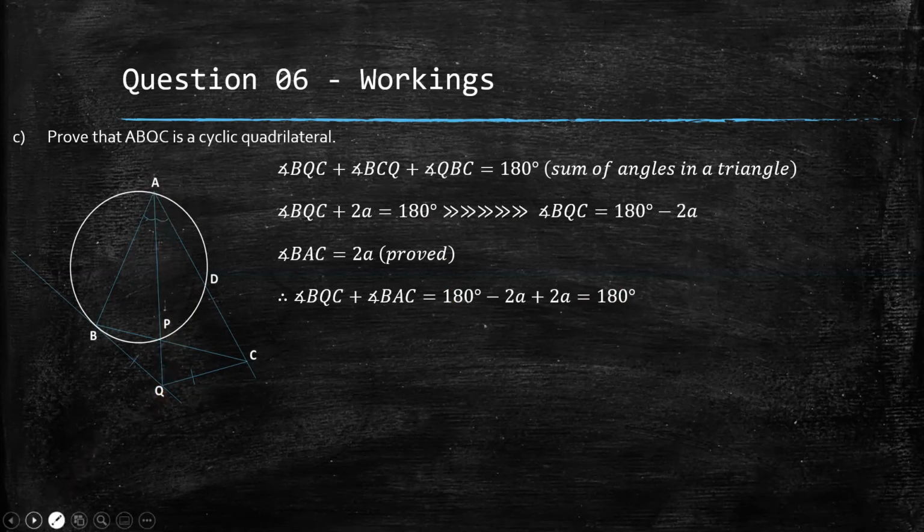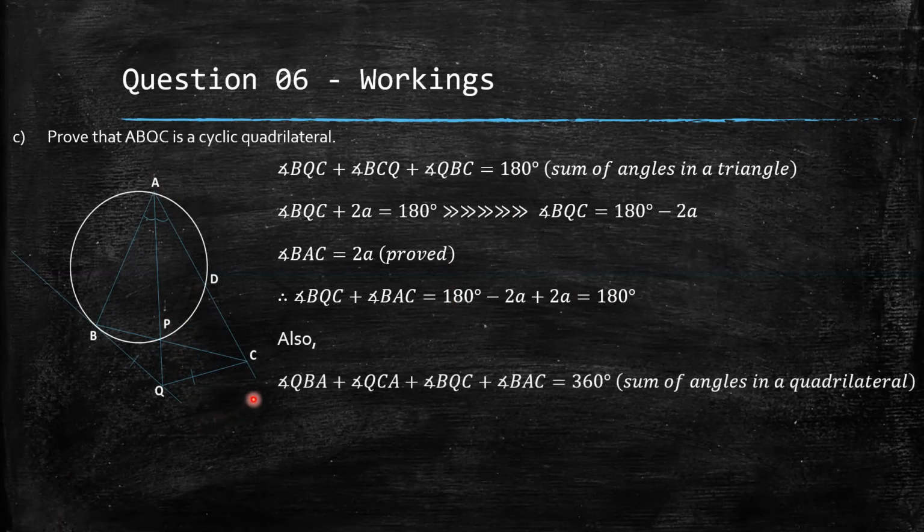Now we need to check for the other two opposite angles. Now we know angle QBA plus QCA, that means this angle plus this angle plus this angle.